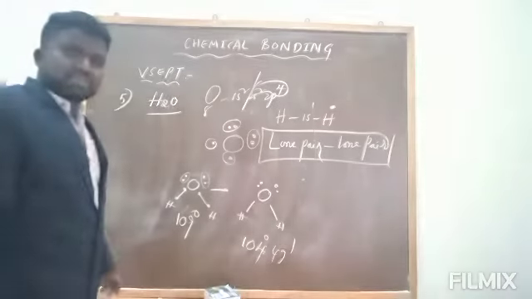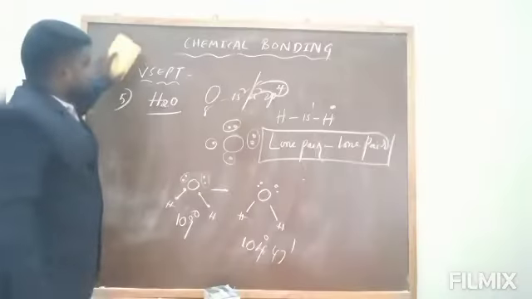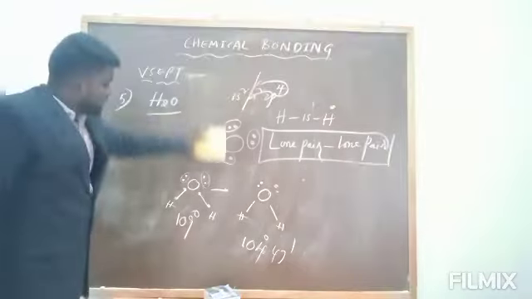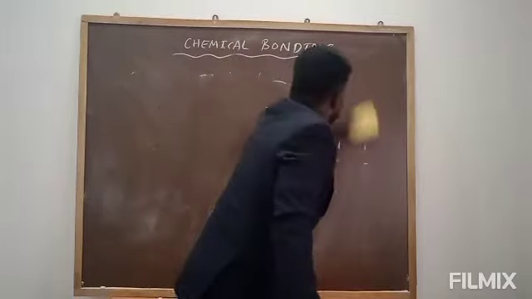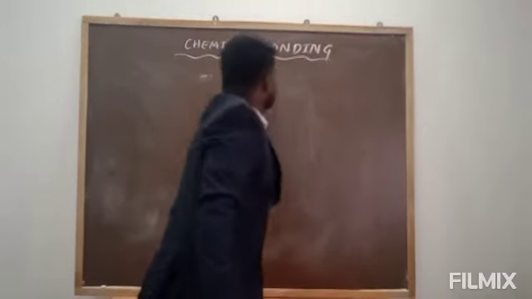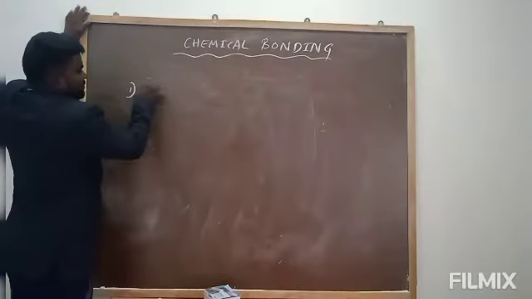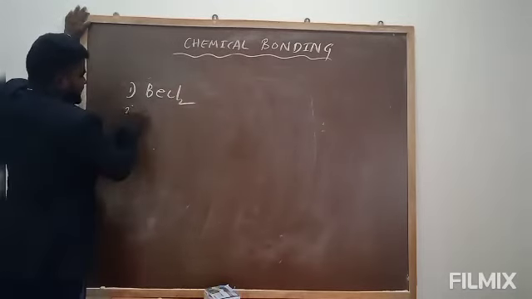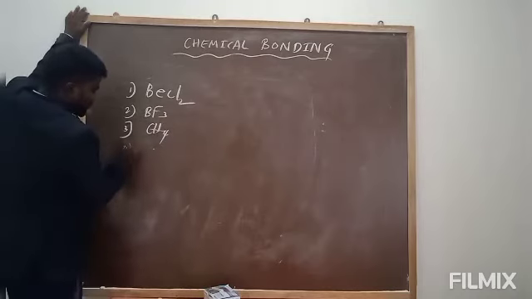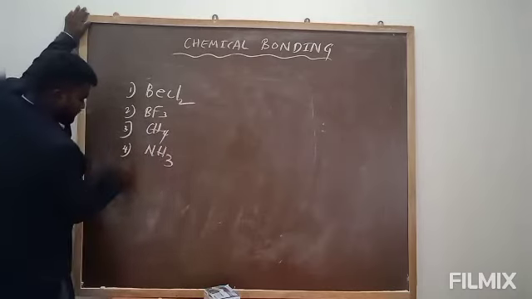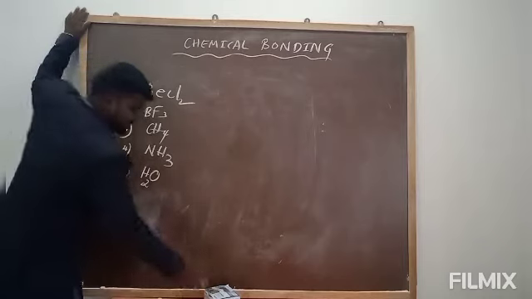So what did you notice in the given examples? What we have explained now: the first molecule BeCl2, second BF3, third methane CH4, fourth ammonia NH3, fifth water molecule H2O.